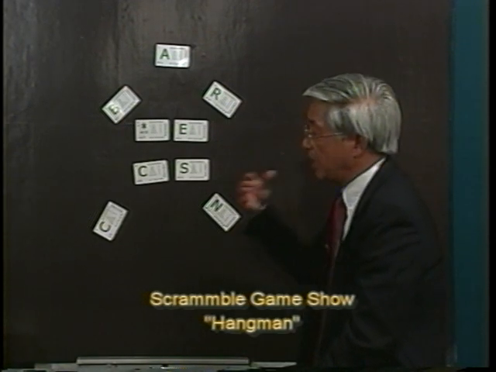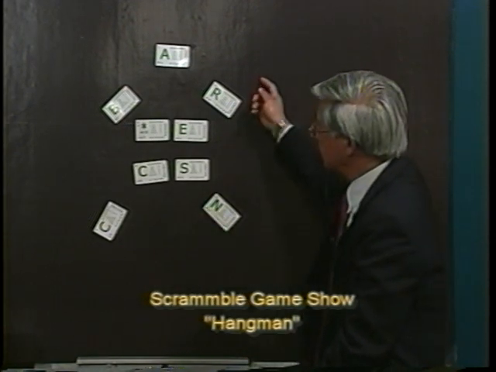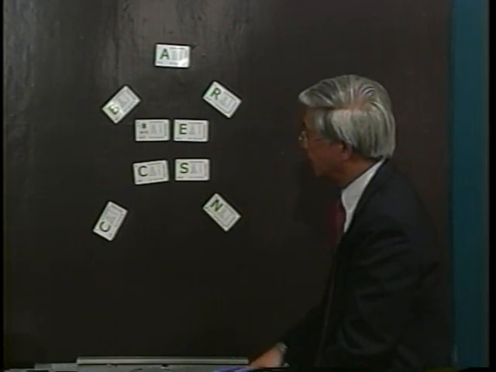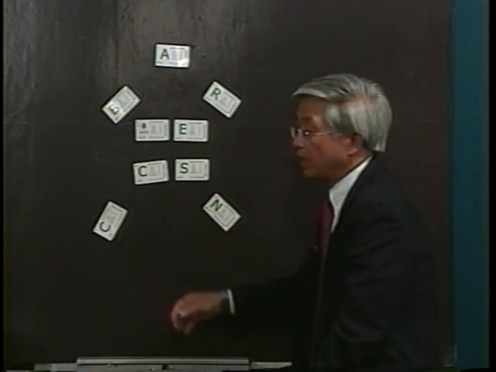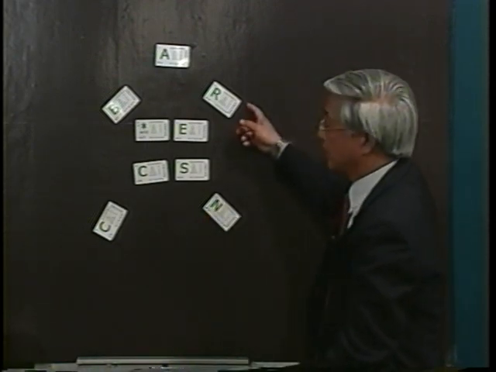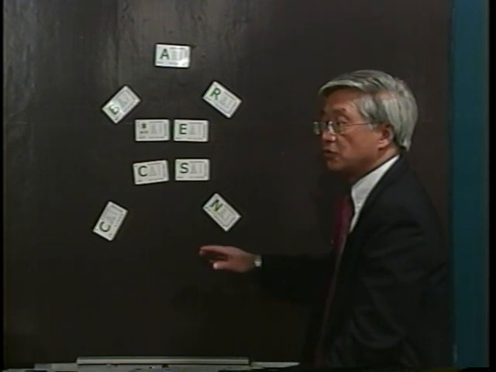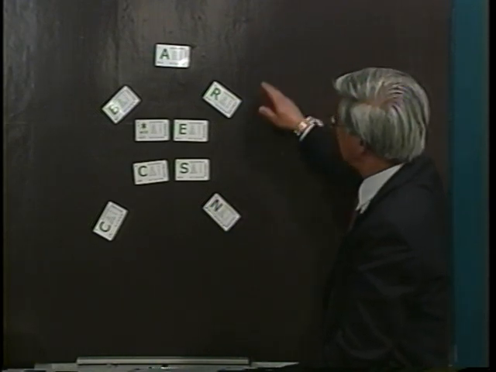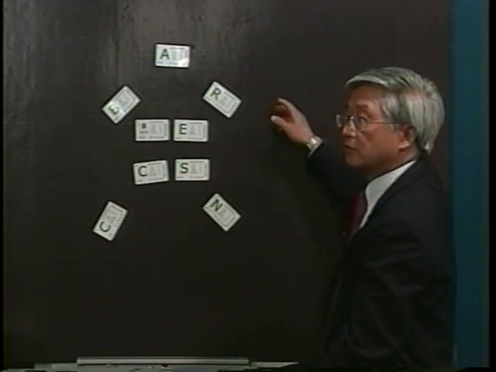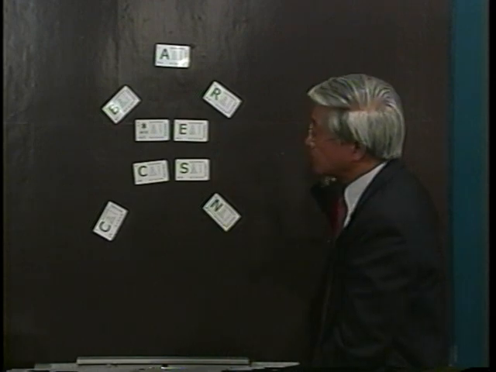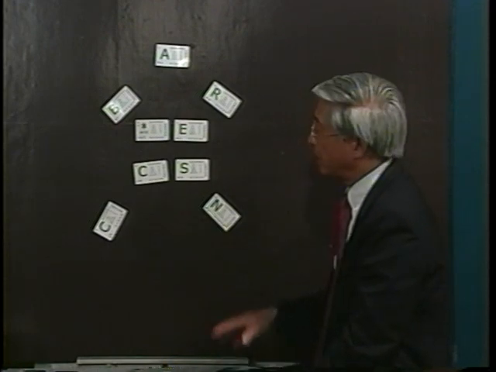Now, you guess B, which is wrong. That means you hang one position on the hangman. Then you guess another one, say D, and D is not right. Then you have another one. So if you guess 5 letters wrong, the hangman's head, 2 arms, and 2 legs will be all filled, and then it's hung. Okay? So that's the regular hangman game.